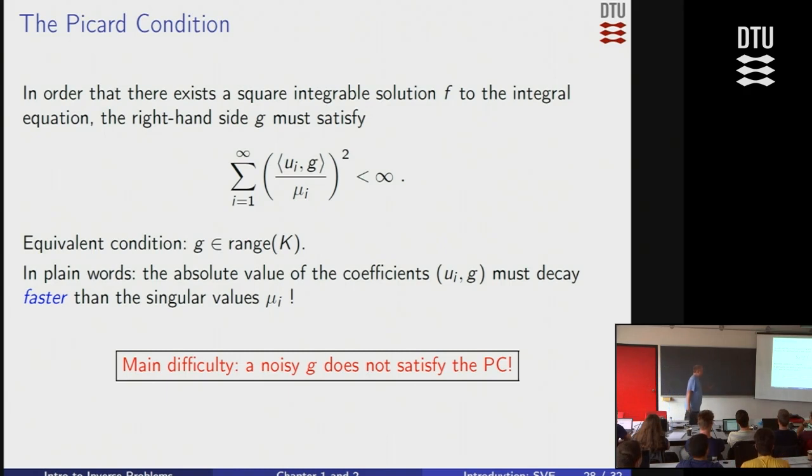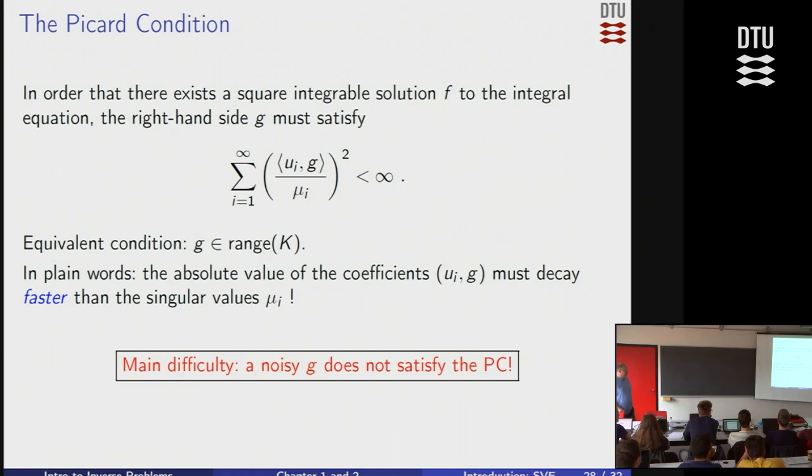And we already know that the singular values decay. And we can say something about the decay of those coefficients depending on the problem we are solving. So if we want to solve a problem, then the right-hand side g must have coefficients that decay even faster than the singular values, because otherwise the sum would not be finite.